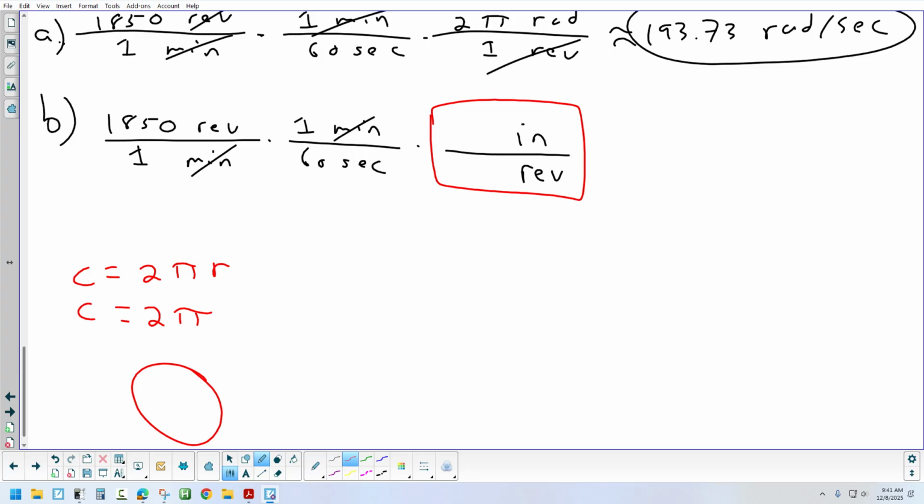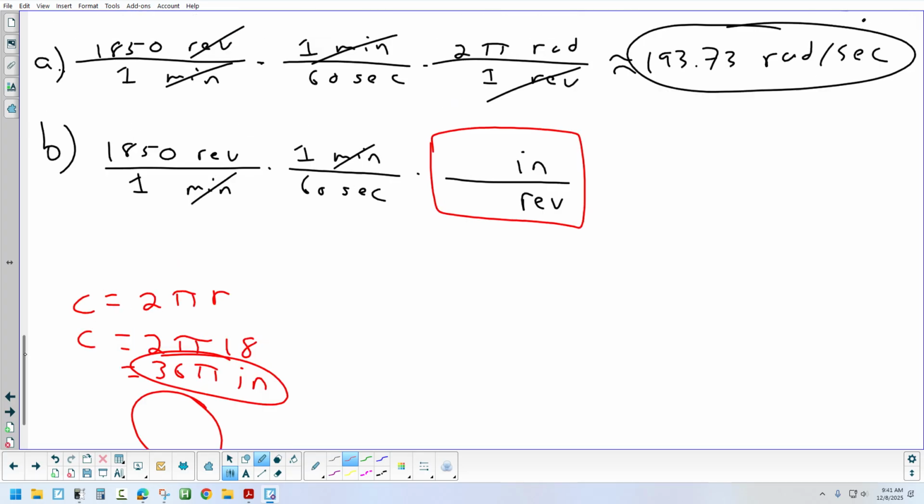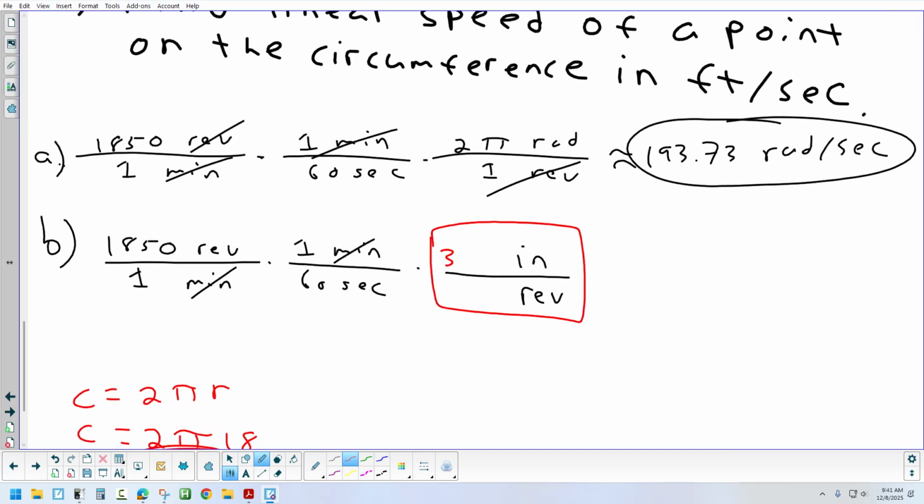Yep. 18 inches. So that's 36 pi inches in this particular revolution. Not in every revolution, but this one. So 36 pi inches in one revolution. And that conversion right there just made the jump from angular to linear.